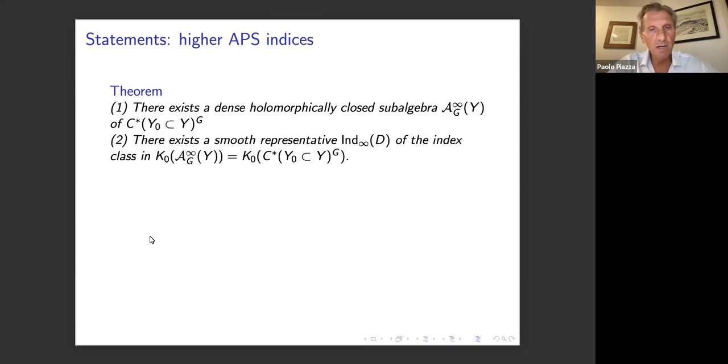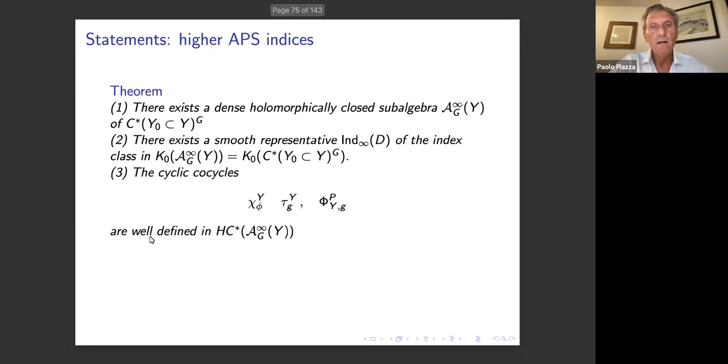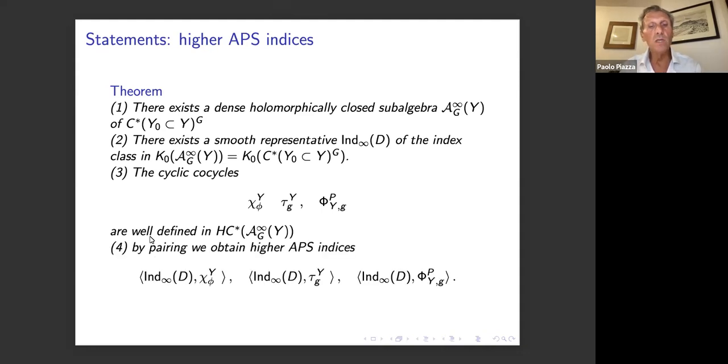As I will explain, this involves some pseudo-differential calculus. The three cyclic cocycles are well defined in the cyclic cohomology of this algebra. And so now we have the three higher APS indices simply obtained by pairing with the index class.